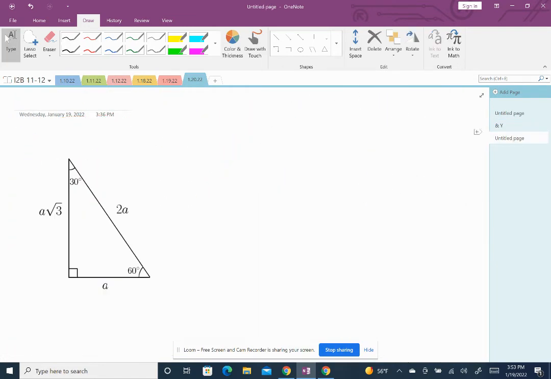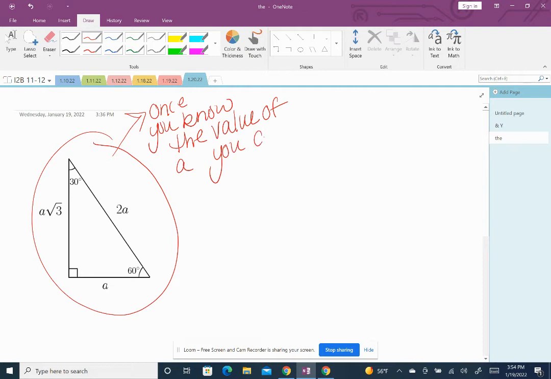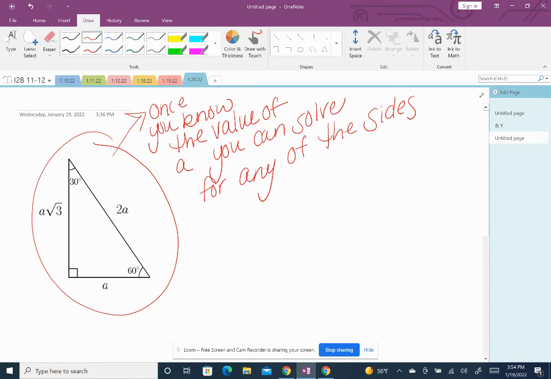Let's take a look at 30, 60, 90 triangles. So same thing as before. This is like our formula. We're going to try to solve for A. Once you know the value of A, you can solve for any of the sides. Okay, let's look at an example problem.